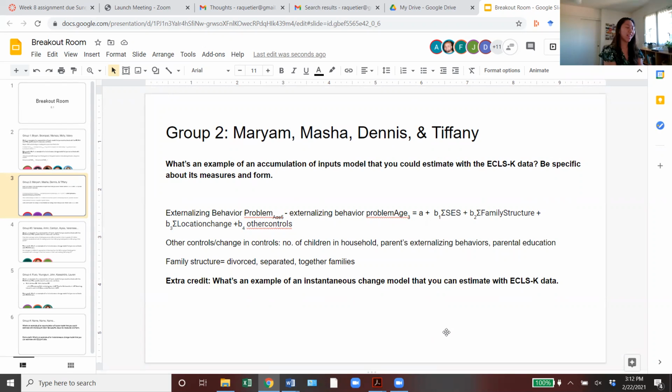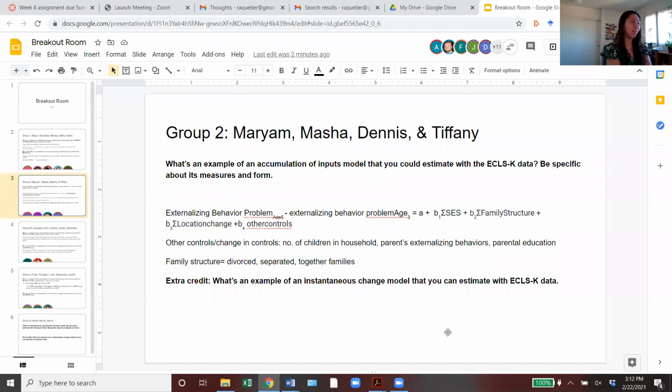So we were thinking that SCS would be a big factor in externalizing behavior issues. We were debating whether SCS should go in the controls versus as part of the coefficient, but I think we ultimately decided that it's going to go in the equation because big changes in SCS would really contribute to more externalizing behavior problems, we think.